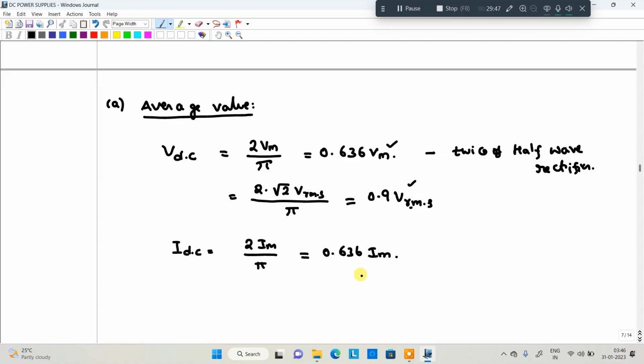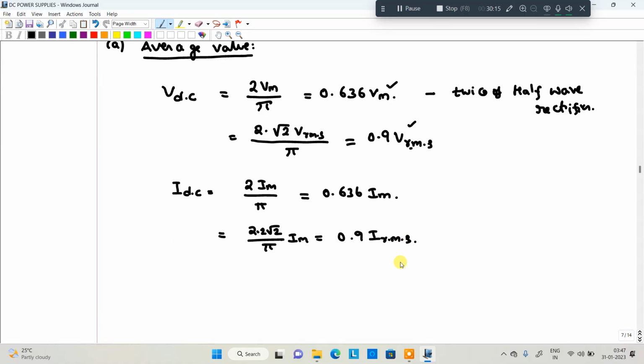In the same case, current is 2 into root 2 divided by π into Im, which is equal to 0.9 IRMS. Right, this is another formula. If you are using it directly in the examination, you can also write it as 0.9 into VRMS divided by load resistance. This also you can use. So there are different possibilities like that.